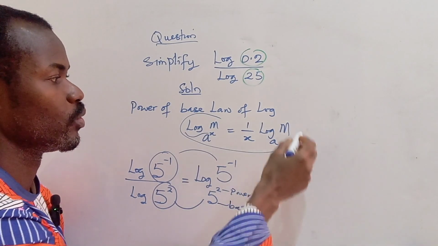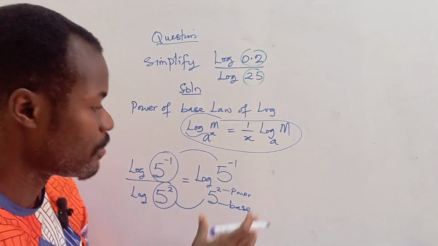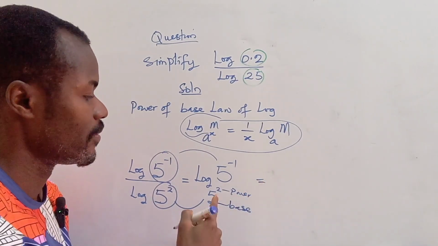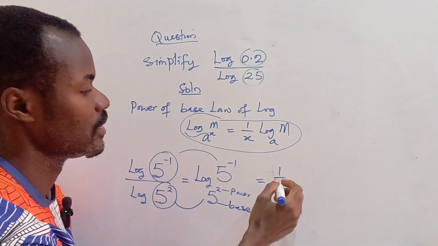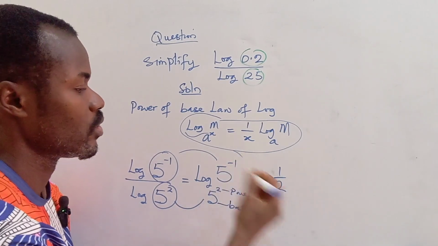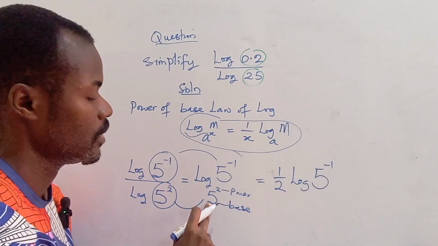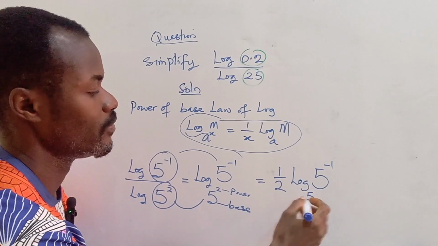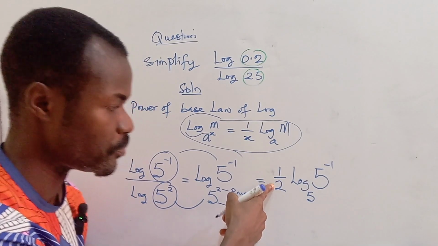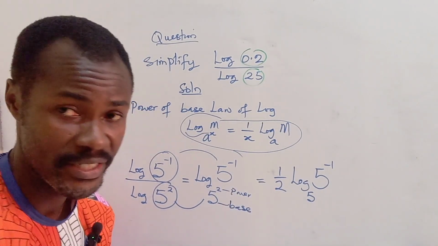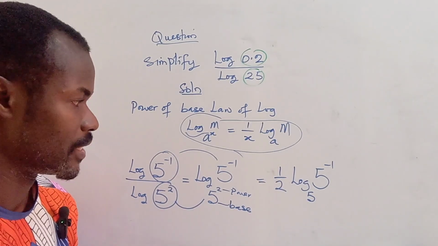This is what we call the power of base law of logarithm. So let's apply it to this. These 2, I'm going to put inverse, so the 2 will come in front here as one half. So I'm going to have log 5 raised to power minus 1, with the base being 5 without the 2, because the 2 has come here as the coefficient, but inverse.